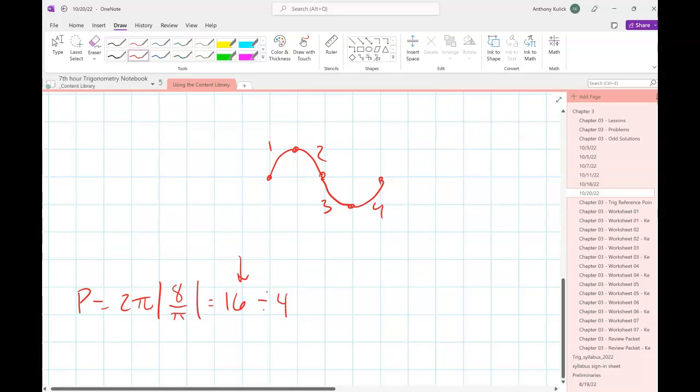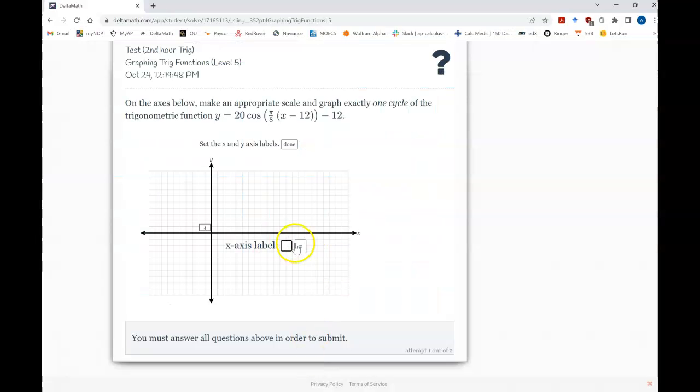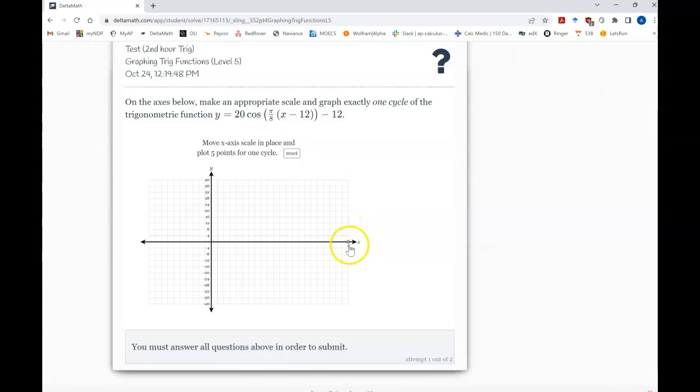But I'm going to divide that by 4 to get my x scale. So just x scale of 4. Set that. Drag my tick mark so that it's 1 tick mark.